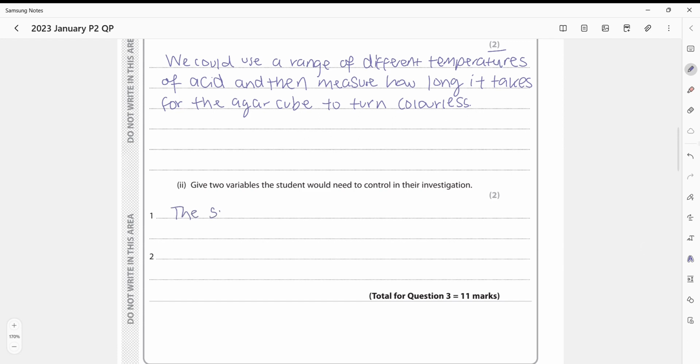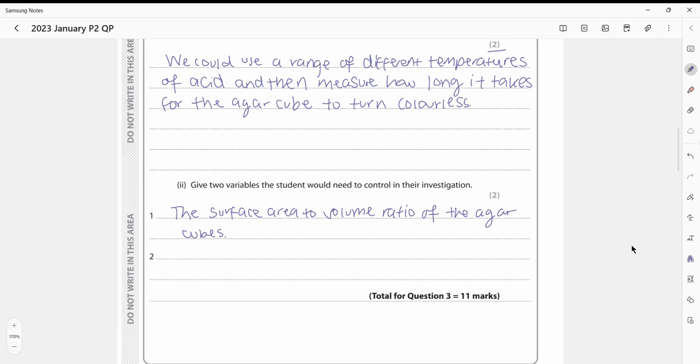Or if you want to put it simply, you can say the size of the agar cube needs to be the same, or the volume of the agar cube needs to be the same. Either way, that would get you that mark.